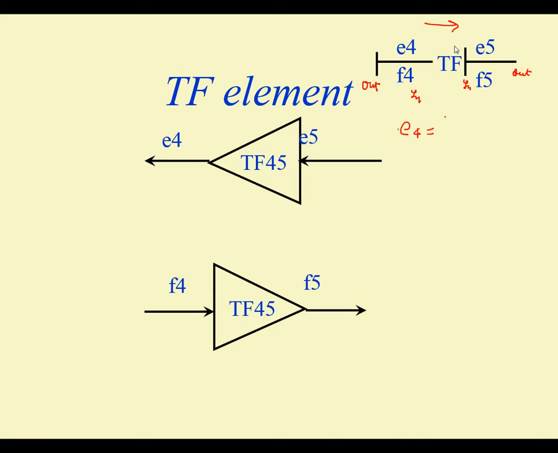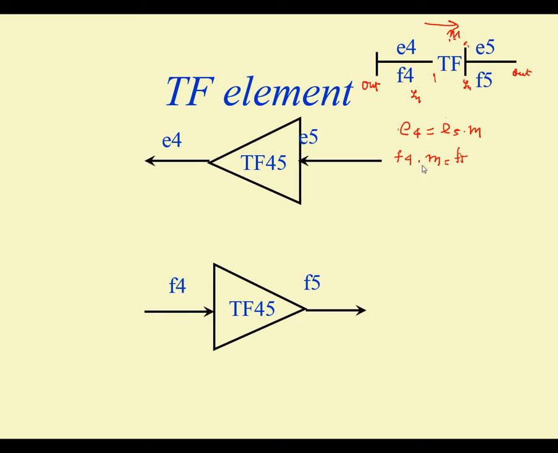The way you read is E4 is E5 times the modulus here, M. And then the output is going to be F sub 5, which is F sub 4 times M, which is the input here, is equal to F sub 5.